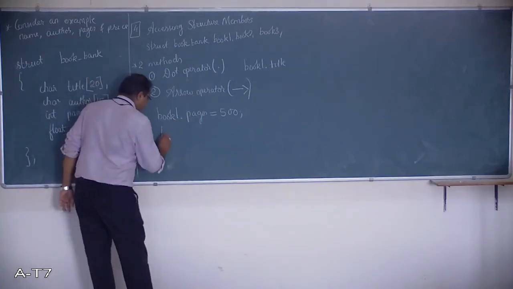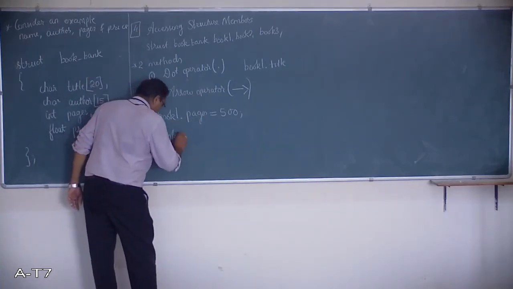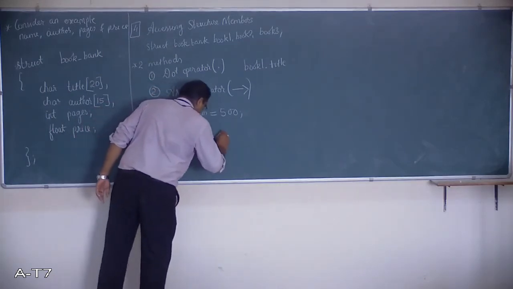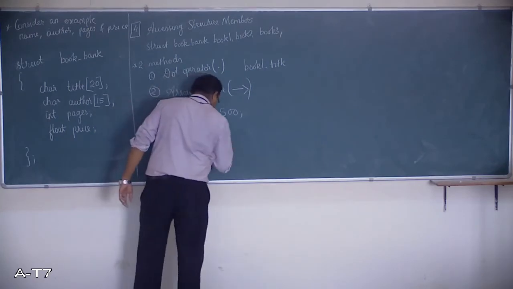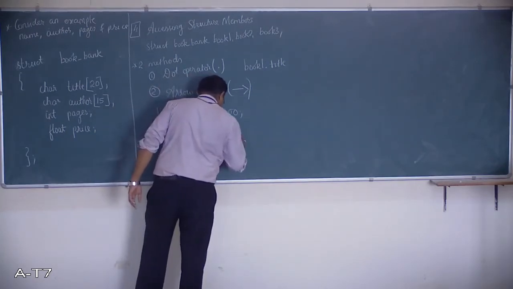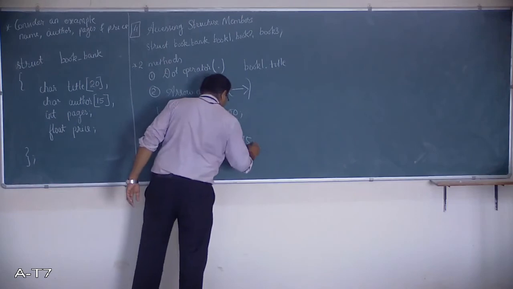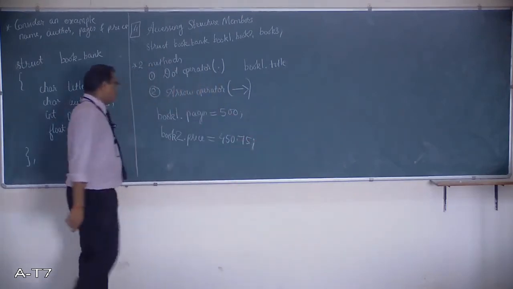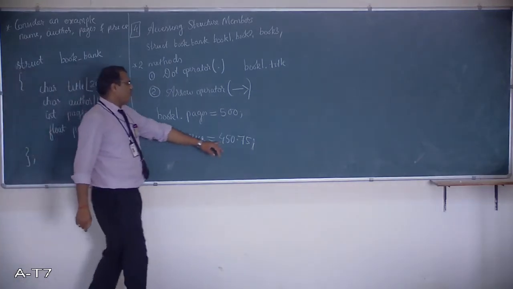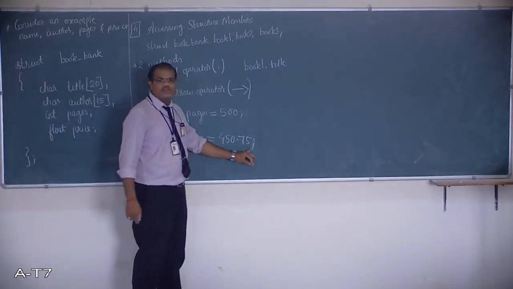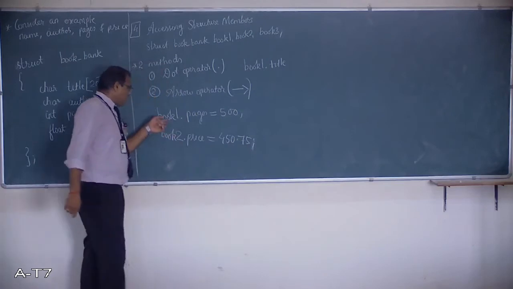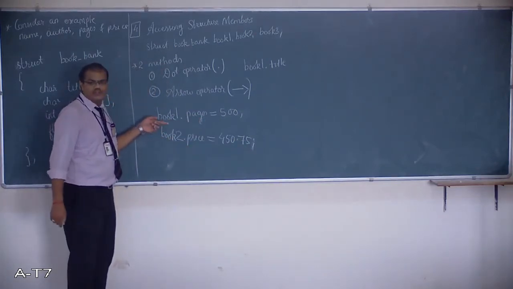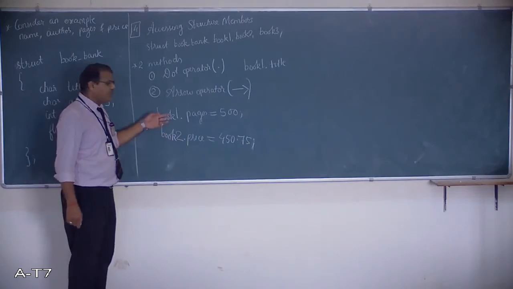Similarly, I can have book 2 price as 450.75 paisa. So every member I can access individually using this variable name.